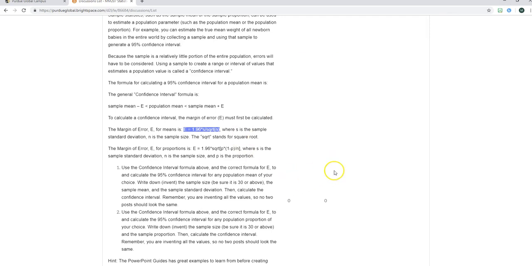All right, so it told us that it wants us to write down and verify the sample size, make sure it's 30 or higher, and now come up with a sample proportion, which has to be a percentage of some sort of qualitative variable. So all I need is the sample size and the sample proportion.